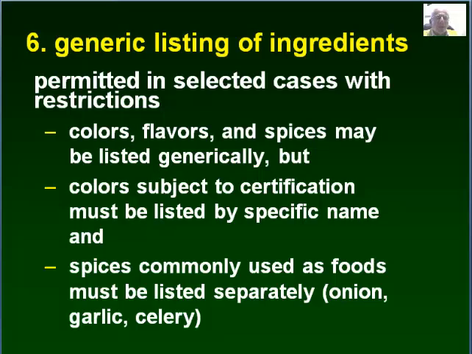So we know onion can certainly be a flavoring in a food product, as well as garlic, as well as celery. But since they are also consumed directly as individual foods, certainly we eat onions, we'll eat garlic by itself, we'll eat celery by itself, or as a major ingredient in other products, they must be listed specifically. They can't be included in the generic listing.